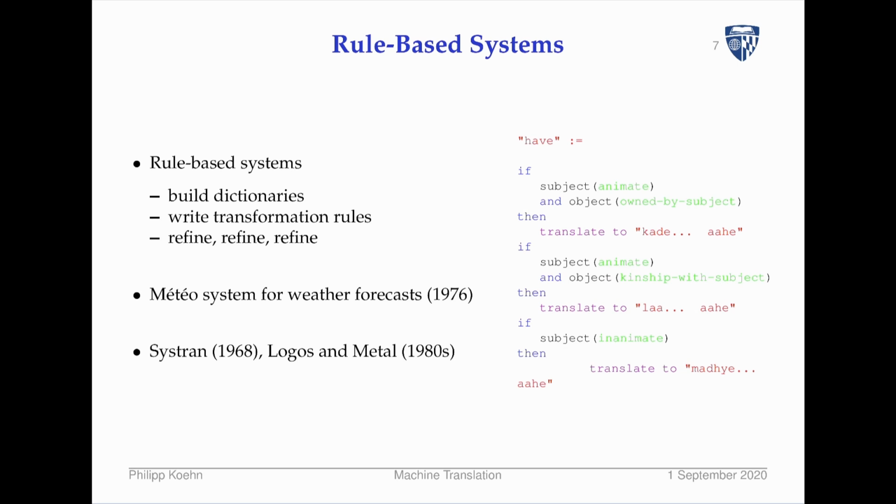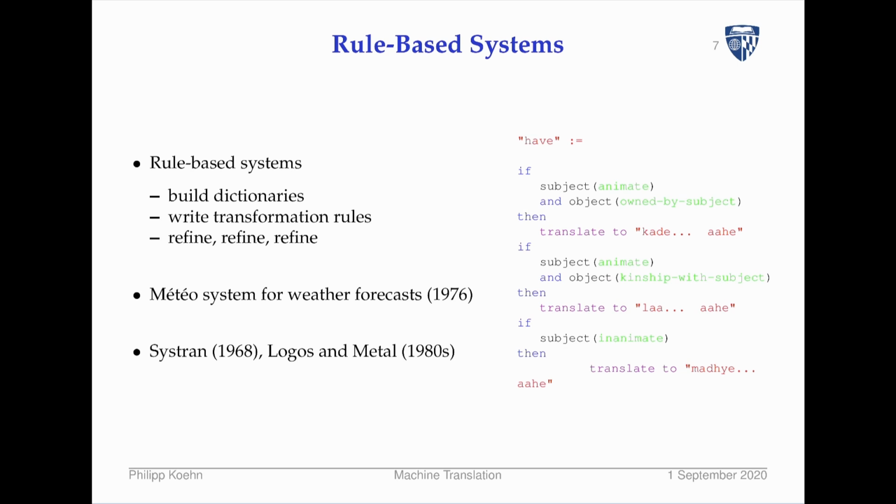The earliest successful machine translation system that was actually employed was the Météo system that was used for weather forecasts in 1976. But also Systran, a machine translation company that's still around, started in that period. And they built a pretty successful machine translation system that was commercially successful in the 80s.